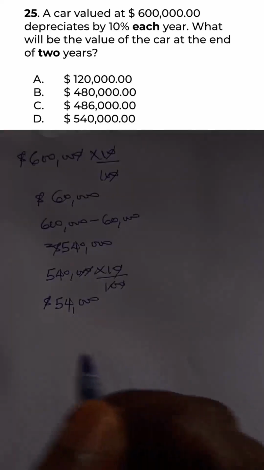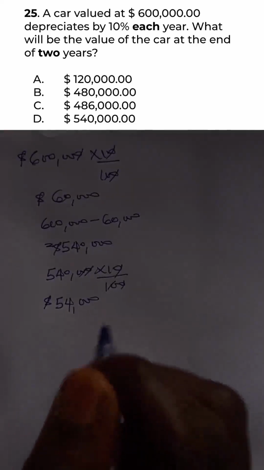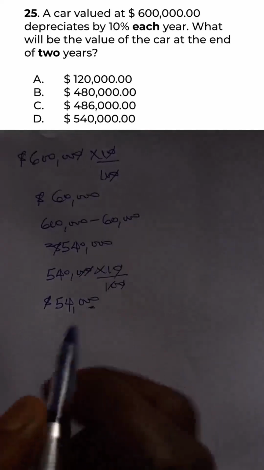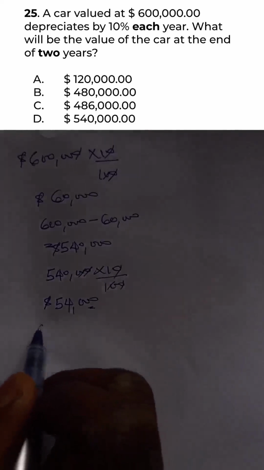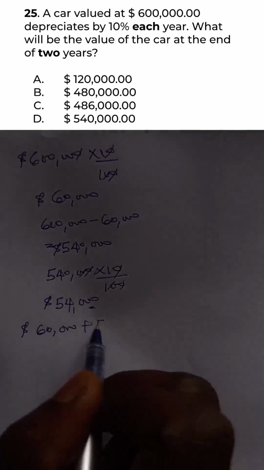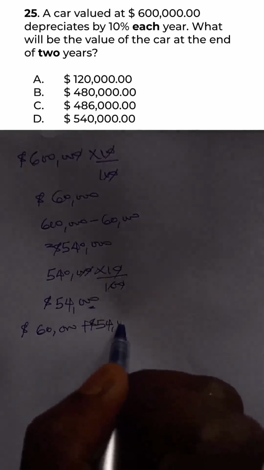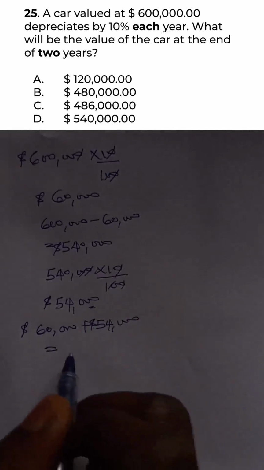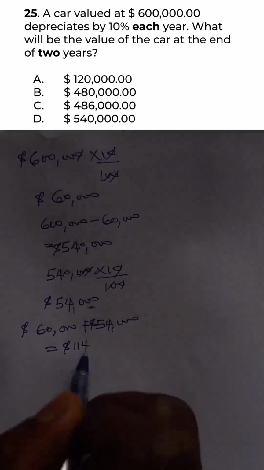That's the depreciation in the second year. The total depreciation is going to be the $60,000 for the first year plus $54,000 the second year, and the total is $114,000.